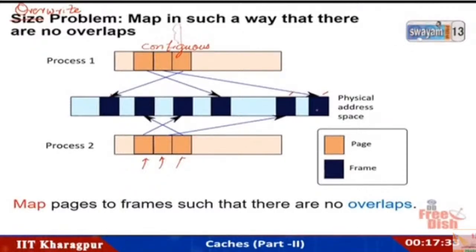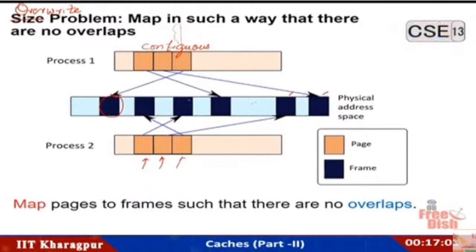These are not necessarily close by, so they are spread across the entire physical address space, right? So it doesn't matter where they actually are. What matters is that they are mapped, and also that the same frame is not mapped to 2 pages across processes, because we have no intention of creating an overlap.